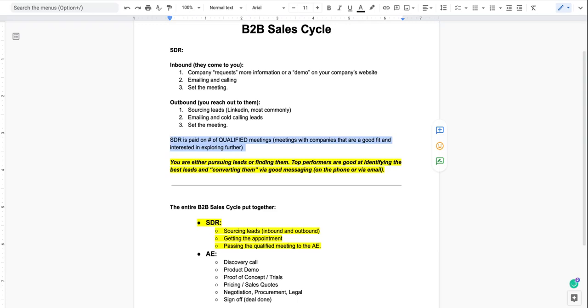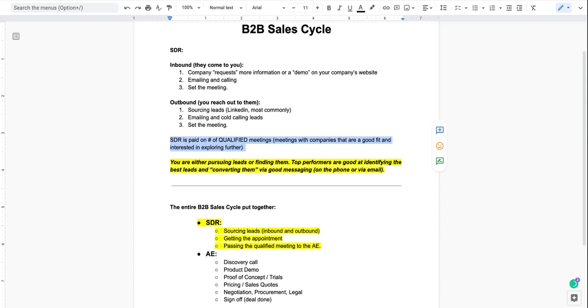I'll go into this in way more depth in a later video, but basically, a qualified meeting is a meeting with a company that is a good fit for what you offer, and they are interested in exploring further, meaning not only do you solve a problem that they're having, but they're also actively looking to solve that problem in the near future. And so that's a qualified meeting.